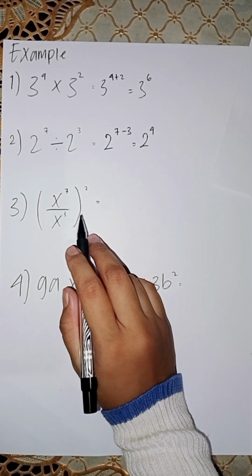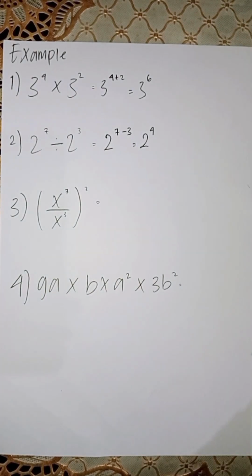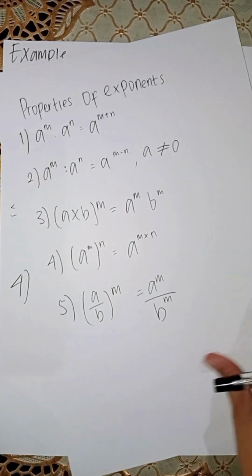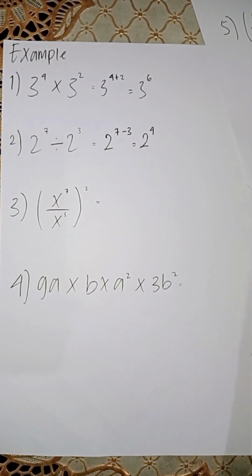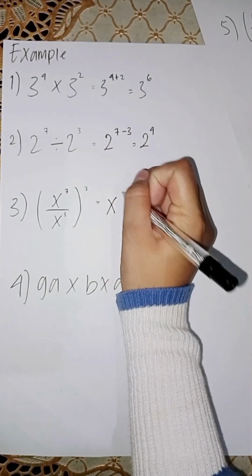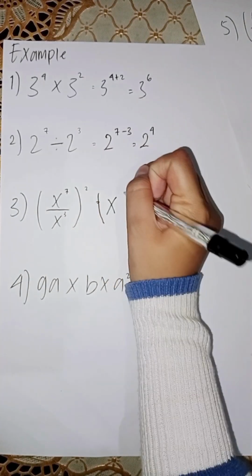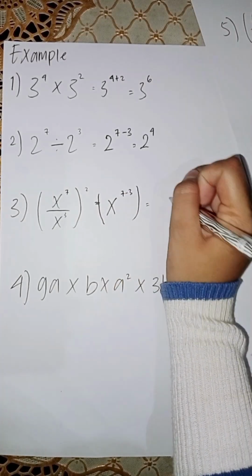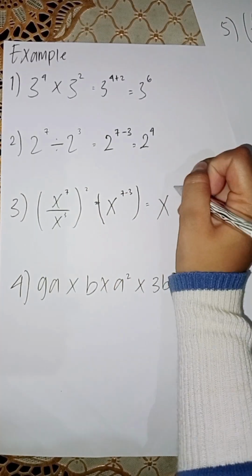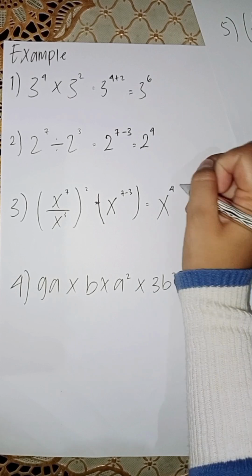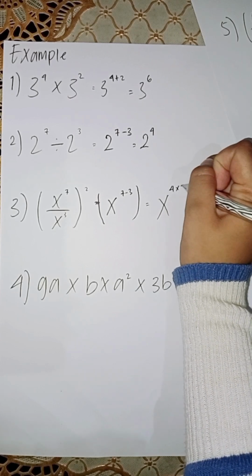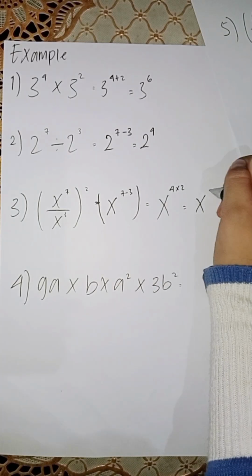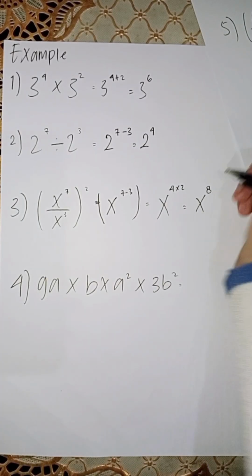Here, we use two properties, the second property and the fourth property. The result is x to the power of 7 minus 3, which is x to the power of 4, times 2, equals x to the power of 8, like that.